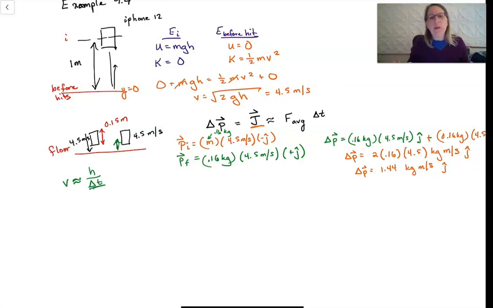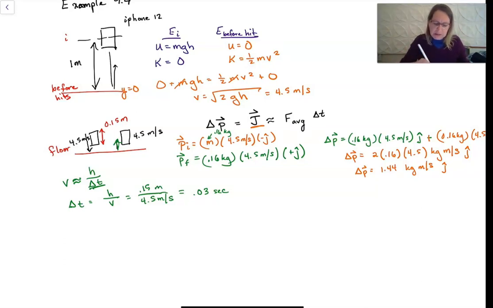This just tells you whether it's seconds, tenths of seconds, millionths of seconds, just to get a feel for that. So we can get a delta t is equal to h over v, or 0.15 meters over 4.5 meters per second, and that gives me about 0.03 seconds, which would be about 30 milliseconds. A little long for this kind of a collision. Your phone might survive that.